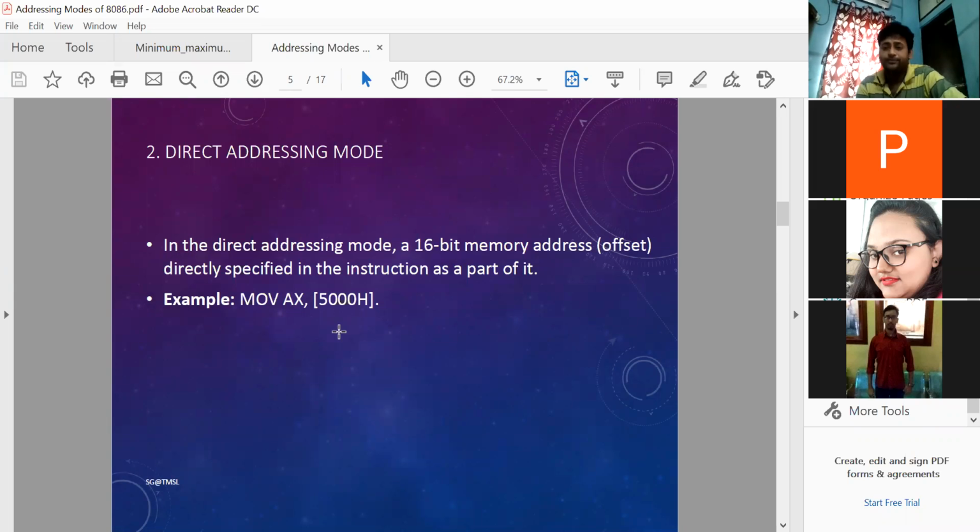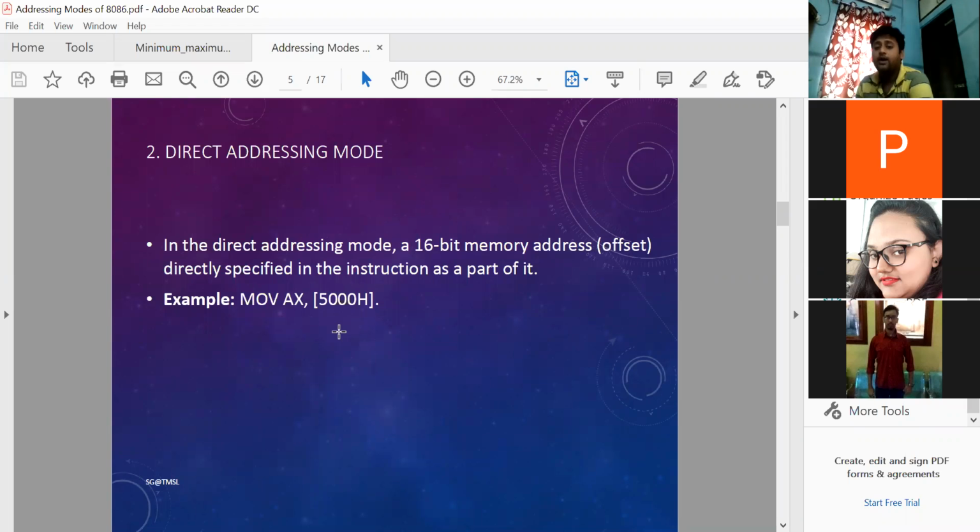Now, take any example. Like this one: Move AX comma 5000. Within 5000, there may be some data byte. 5000 and 5001, whatever. 5000, take it as 20. In 5000, there is a 20. Now, how can you calculate the physical address for this instruction where the data byte is there?